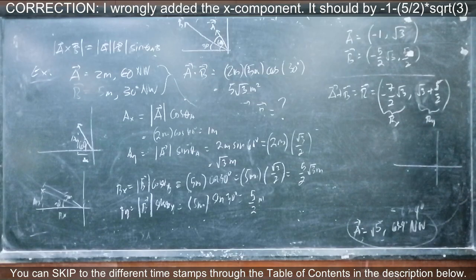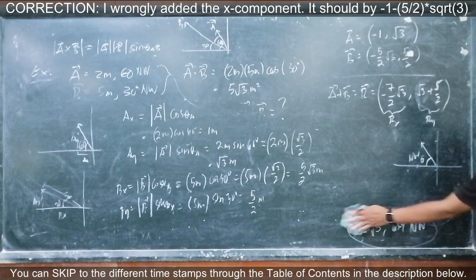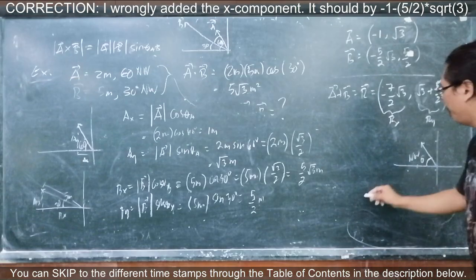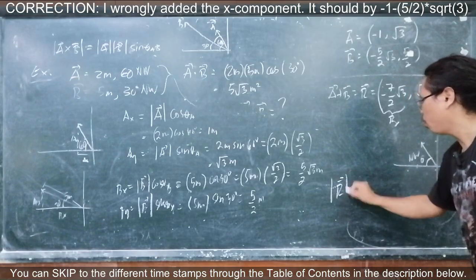You have to make an illustration of this. Which one is larger, Rx or Ry? This will be my angle, theta. If this is my angle here, my direction will be northwest. By the way, what's the magnitude of R?